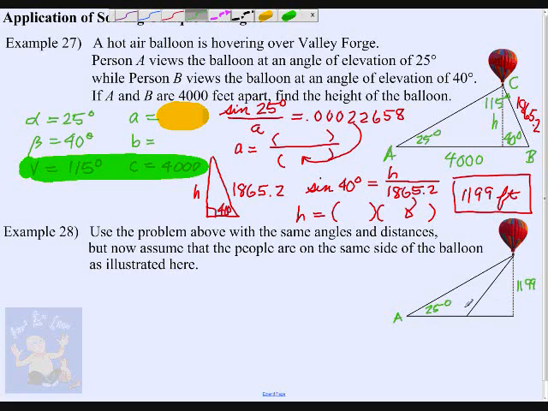So now this person is still looking at an angle of elevation of 40, while this person is 25. The only thing that happened is we moved this person from here over to here.